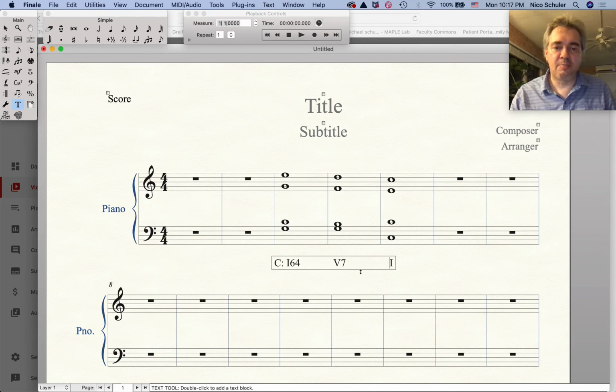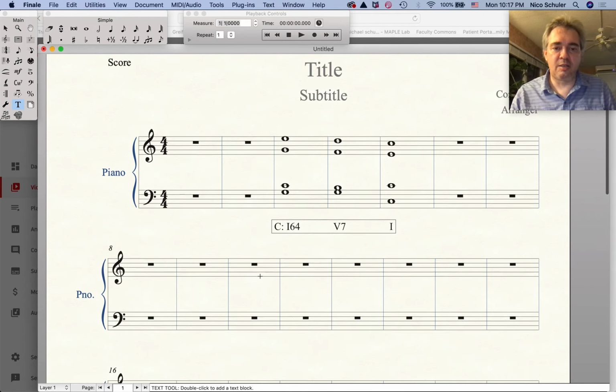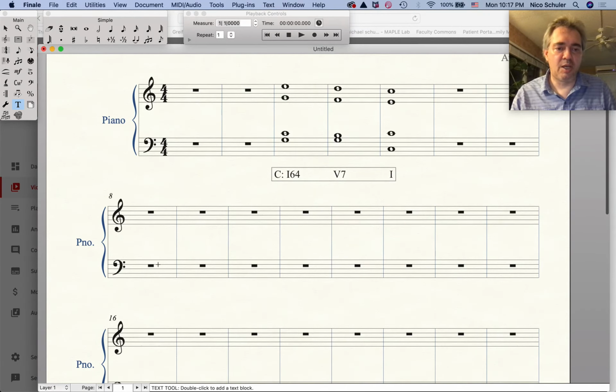Anyways, the other possible type is a pedal 6/4. And a pedal is essentially if we have the same note in the bass 3 times, and they may be tied over or they may be repeated, but that's called a pedal.